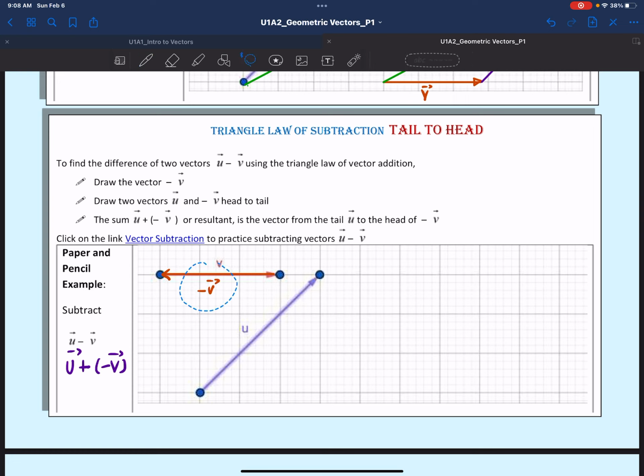Now, because we're adding vector negative v to vector u, we are going to place the tail of vector negative v onto the head of vector u. So here is the head of vector u, and here is the vector negative v. The sum of vector u with negative v will be the vector that connects the tail of vector u, the first vector, with the head of the vector negative v, the vector that we're adding.